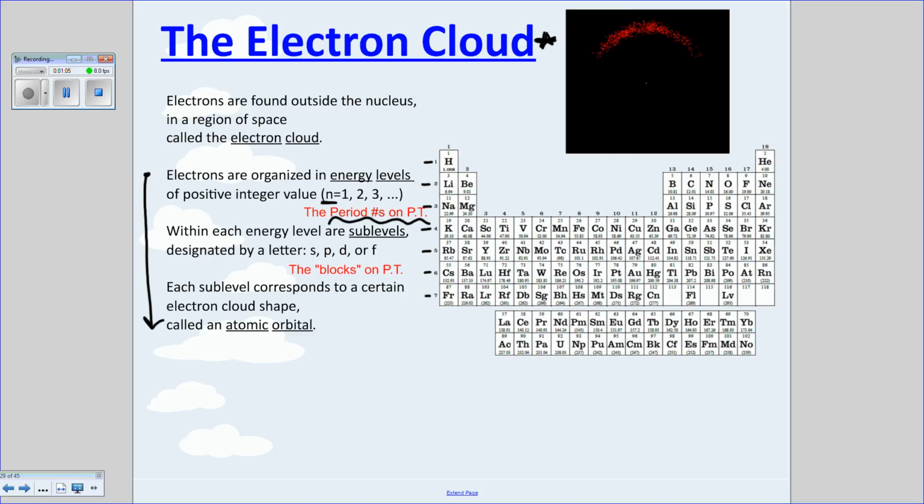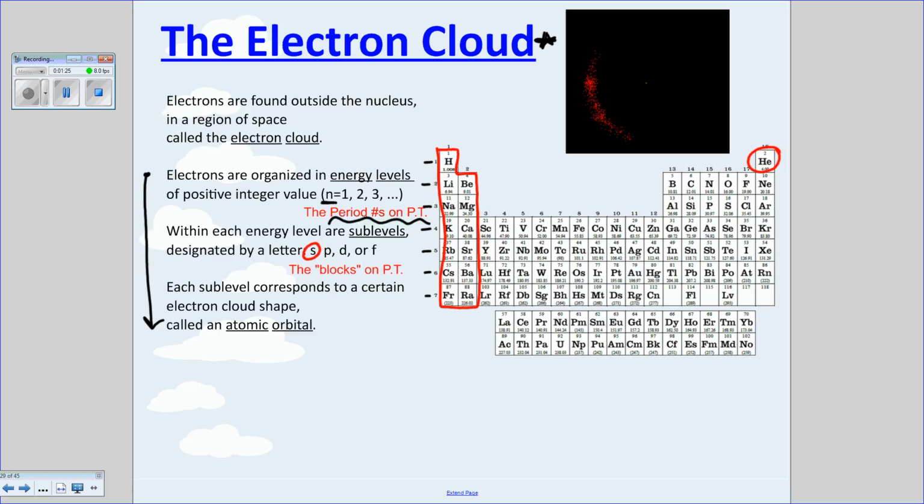Within each energy level are going to be sublevels, designated by a letter: S, P, D, or F. The S block, as I call it, is this block of elements right here, and it also includes helium right over here.